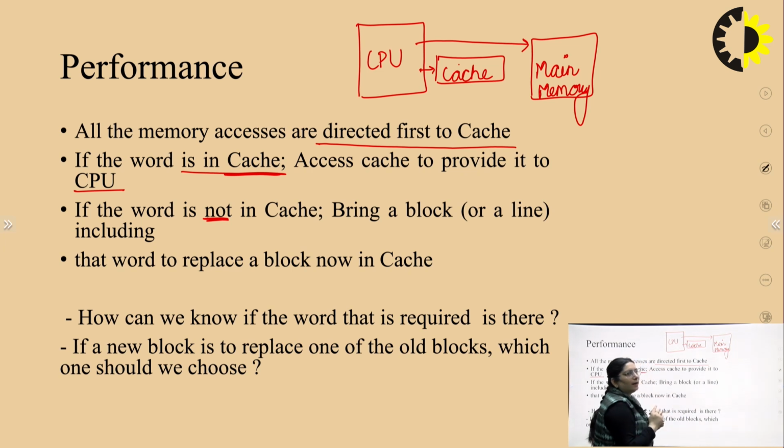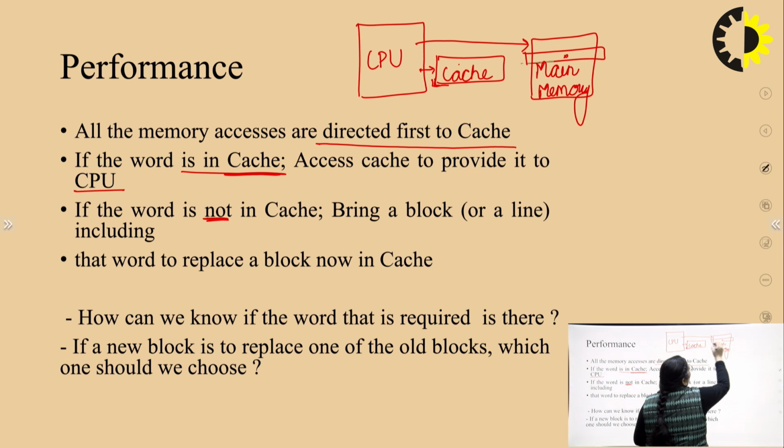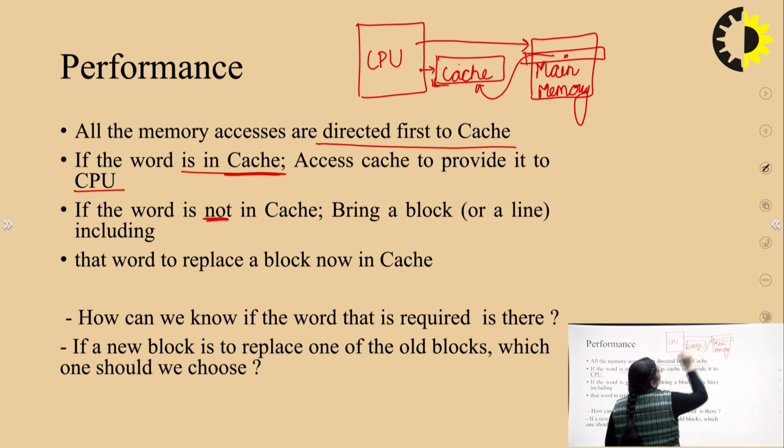If the data item is matched in the cache, then it's good. It's a hit. And if that particular data item was not in the cache, then the CPU will search the main memory. It will access the data from there. Also, on the basis of locality of that accessed data item, it will place this block in the cache, so that the next time the CPU references the cache, it will get the data item there.